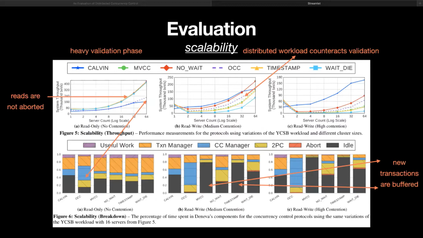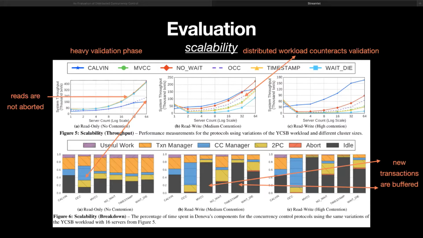As the servers are increased from 1 to 64, we just see a throughput gain of just 1.5 to 2 times. That is fairly low compared to the 64 times increase that we would expect if the performance increased linearly. So that is less than 10%. So only Calvin maintains good performance.